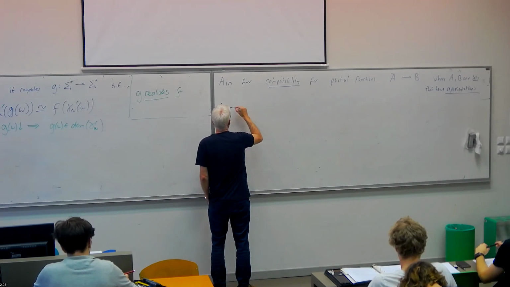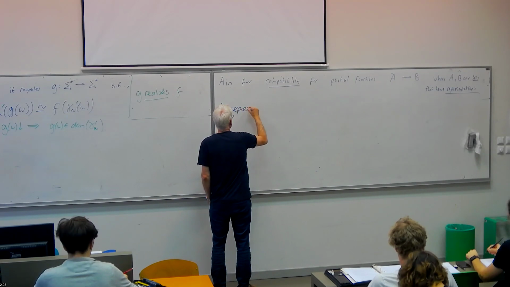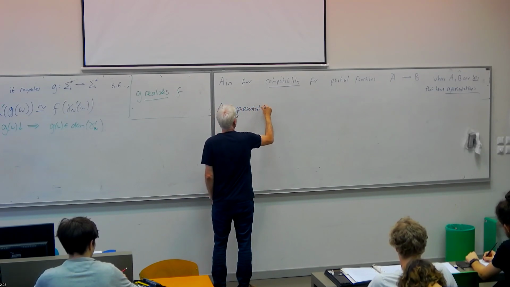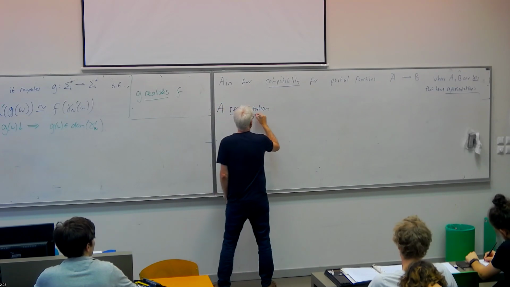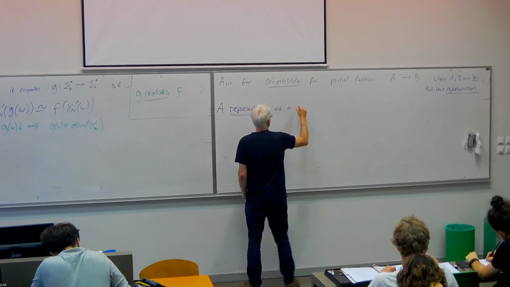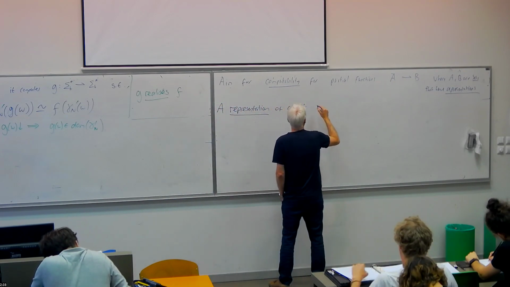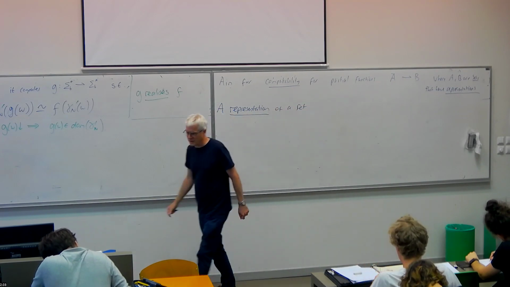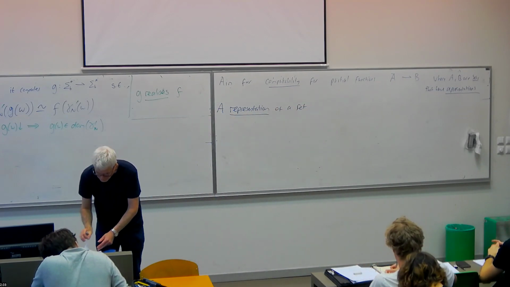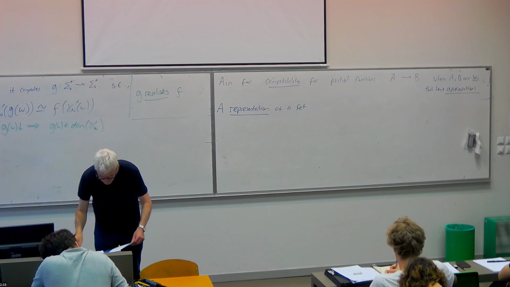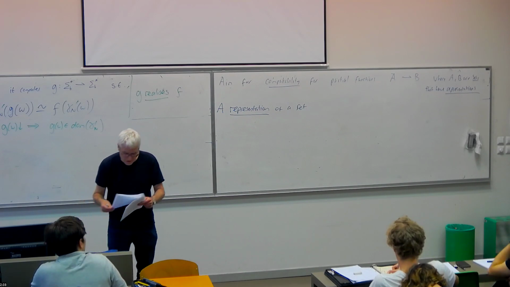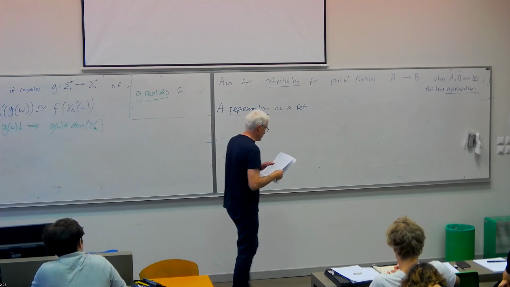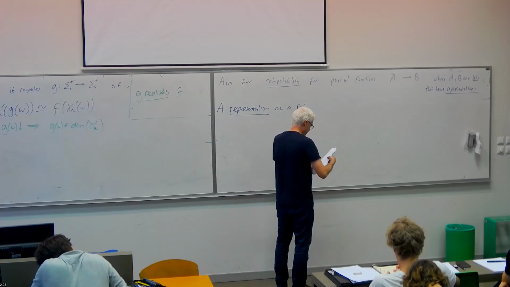This is a definition. Representation of a set. Let me just, so I just want to be notationally consistent with the notes because if I start writing letters, it might get confusing.